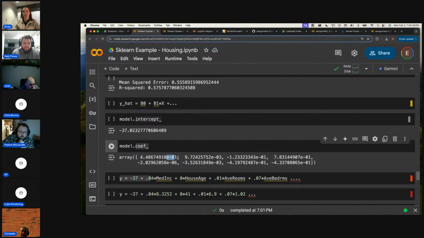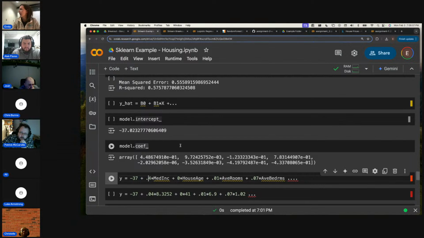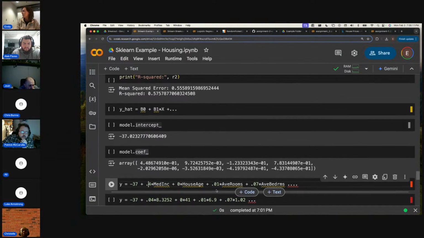Sometimes when we have really long numbers in Python code, in sklearn and pandas, it'll put it in scientific notation. If you remember from scientific notation, -1, you have to move that decimal over one place. So it's actually, I don't know why I put 0.04 here, it's 0.4 for that median income.